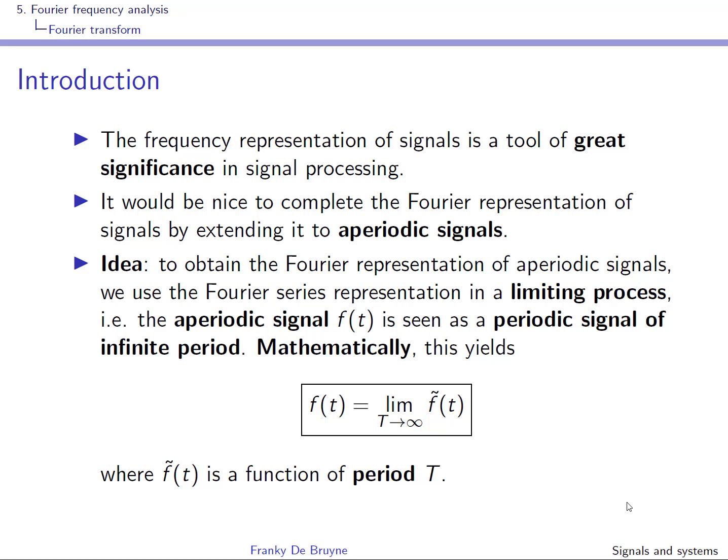And mathematically you can write it like this. Okay, so if we start from the Fourier series and we use this trick, we'll end up with the Fourier transform, and the Fourier transform will be tackled in this second video of section 5, Fourier frequency analysis.